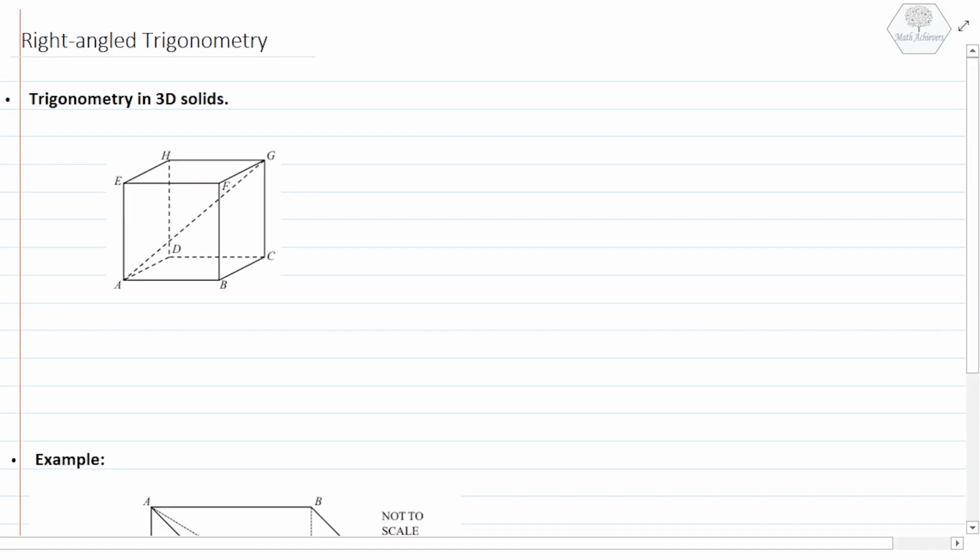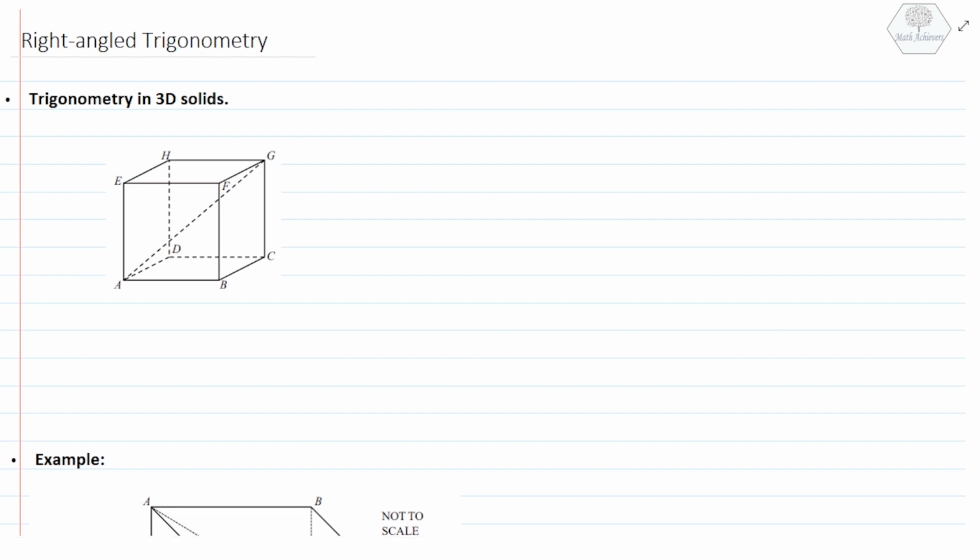The last thing we'll be talking about in right-angled trigonometry is the 3D solids, because most of the time we have to figure out the right-angled triangle inside any three-dimensional shape. We have in front of us a three-dimensional shape.